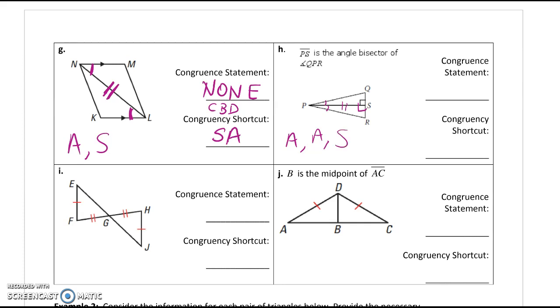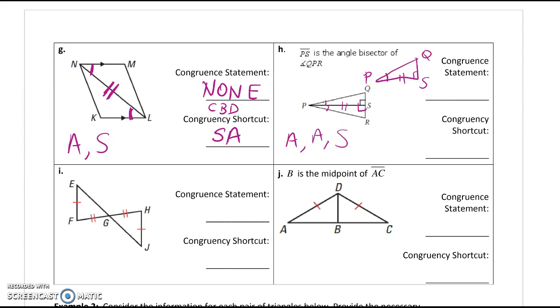So we have a side. In what order? Well, let's take out one of the triangles to get a little better visual. Let me draw it a little bit better. The PSQ one. So we have an angle, we have a side, and we have an angle. As you notice, the side is in between the two angles.